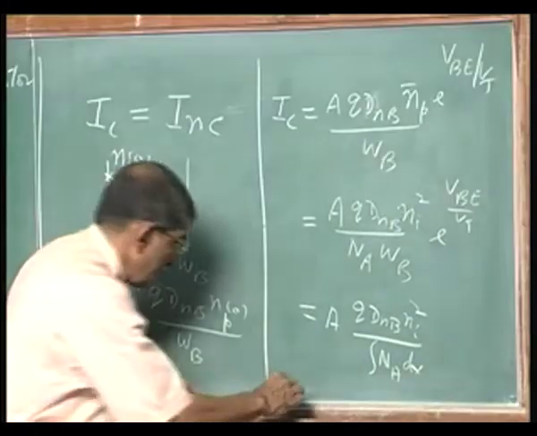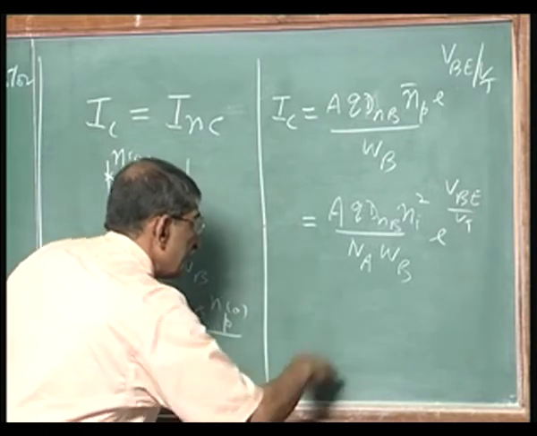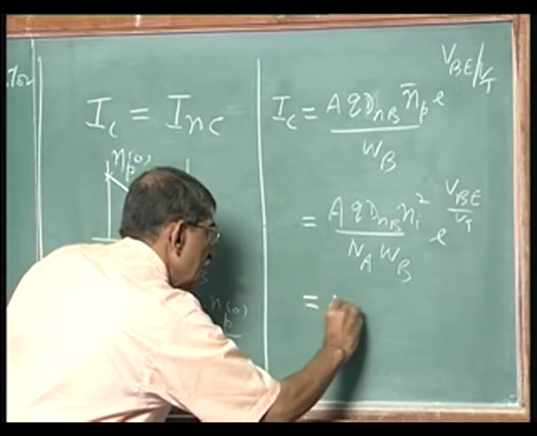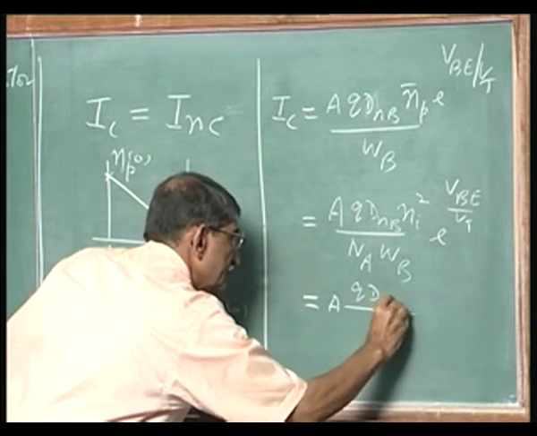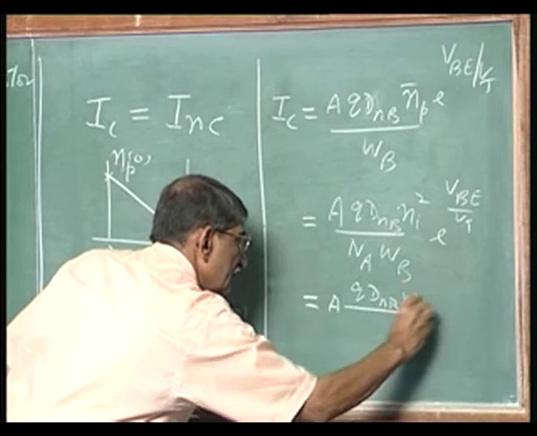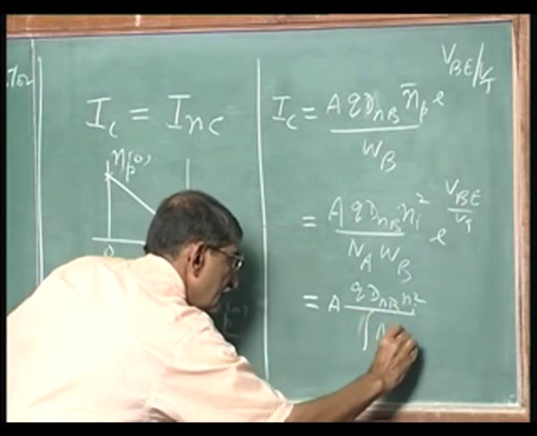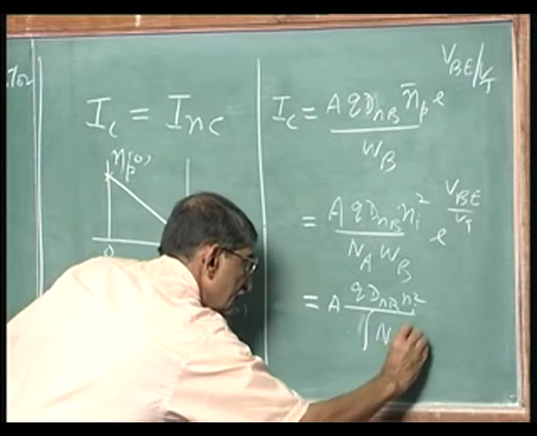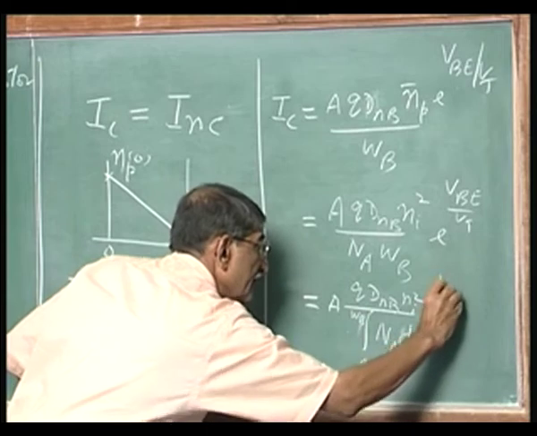Total integrated doping. Let's write it once more here with space: area into Q DNB NI squared divided by the integral of NA dx from 0 to WB, e to the power of VB by VT.